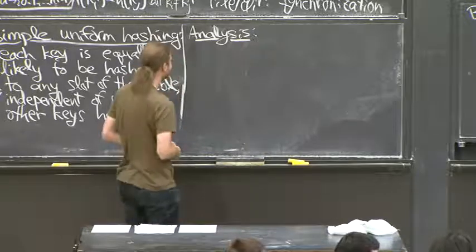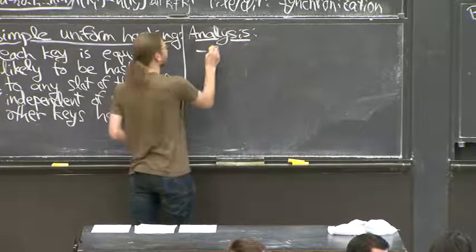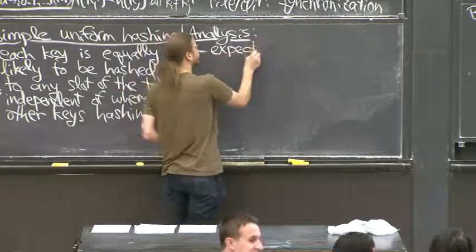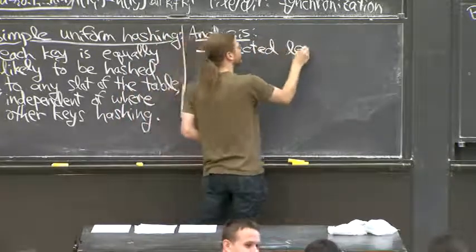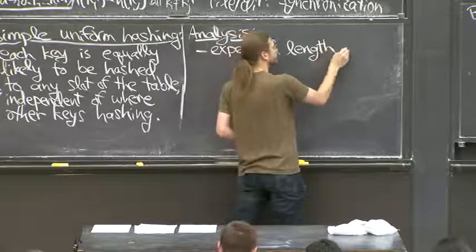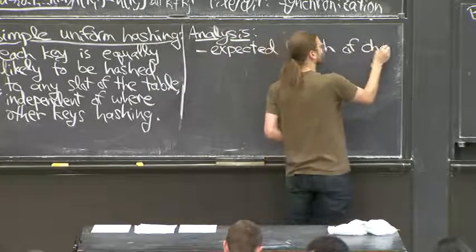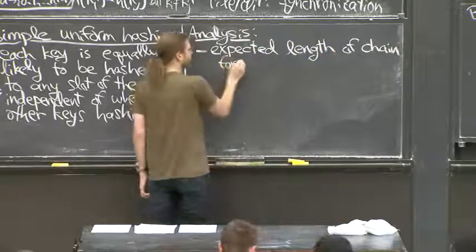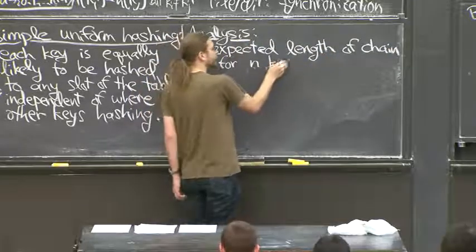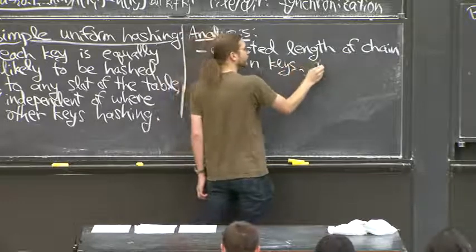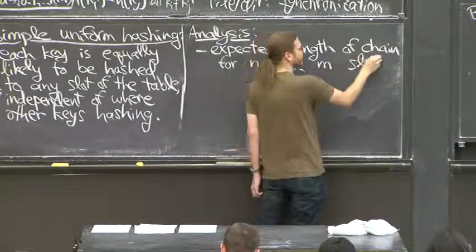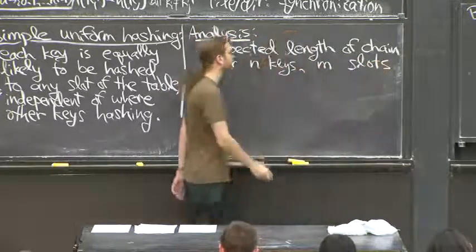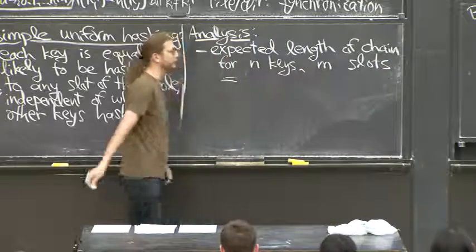All right. What I'd like to know is the expected length of a chain. Now this is if I have n keys that are stored in the table and m slots in the table. Then what is the expected length of a chain?